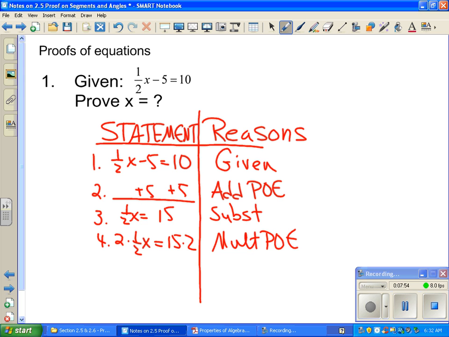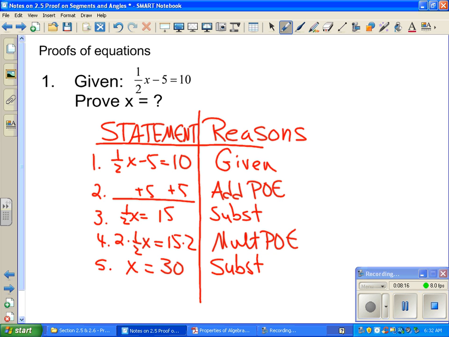of equality. In number 5, these 2's will cancel, so I'll have x equals, and I'm going to multiply this together to get the answer, which is 30. And that's substitution, because every time you do something that says an operation, like I say I'm going to add, I say I'm going to subtract, you have to substitute the answer in from what you get from adding or subtracting.